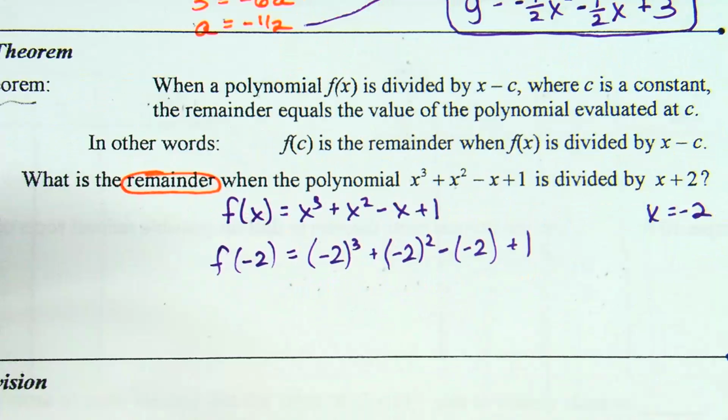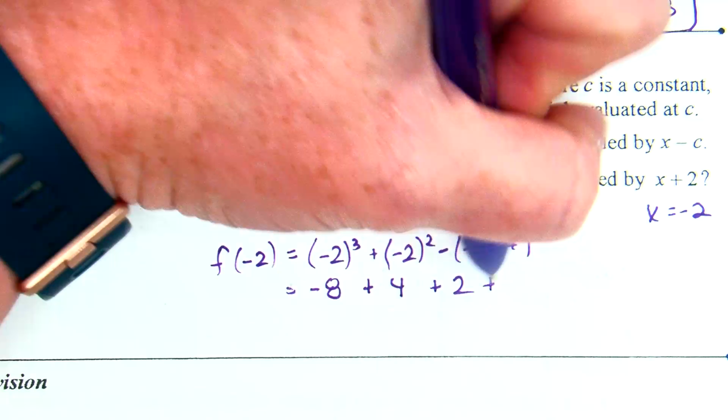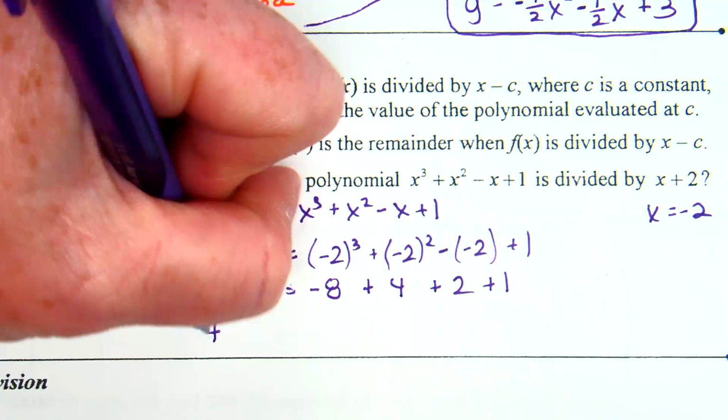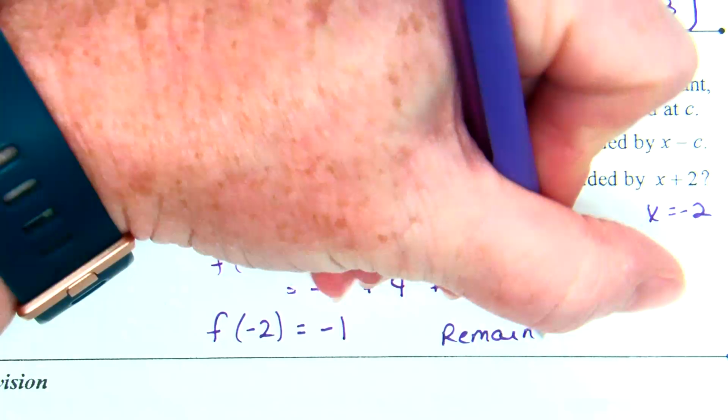Negative 2 to the third, negative 8, plus 4, plus 2, plus 1. So f of negative 2 is negative 1. And what is that negative 1? That is the remainder. If you were to divide these polynomials, that would be the remainder.